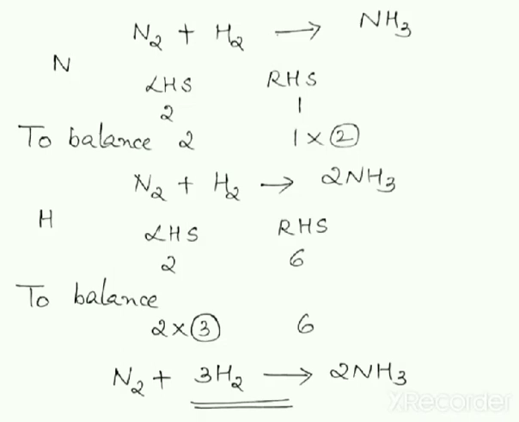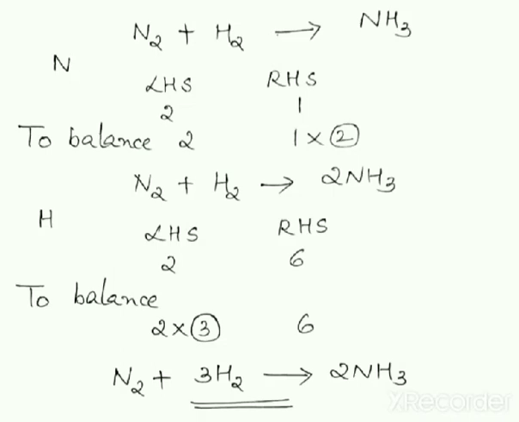So now when you multiply it by 3, this 3 will be applicable only for the term hydrogen. So take the partially balanced equation which you have written. It becomes N2 plus 3H2 gives 2NH3.